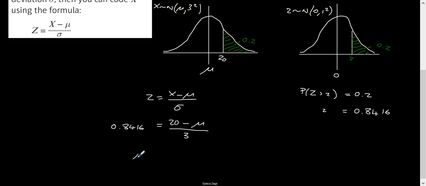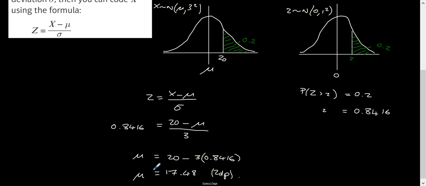And if we solve this little equation, we times by 3, add mu, take away, so we'll have 20 minus 3 lots of 0.8416. And so our mu will come out as 17.48 to 2 decimal places.